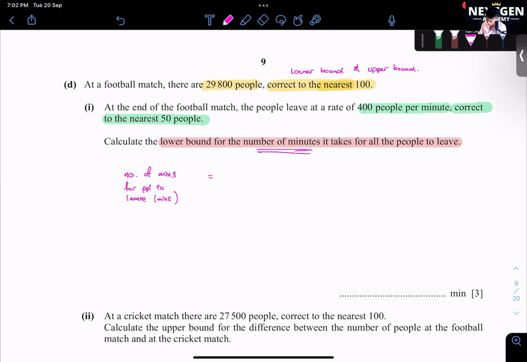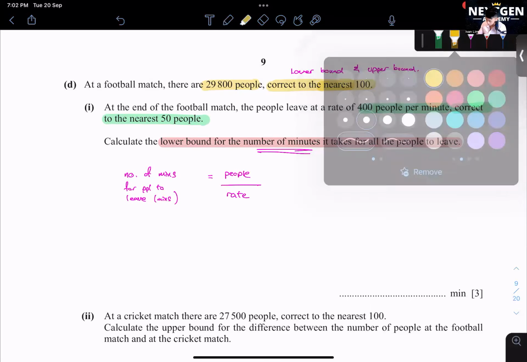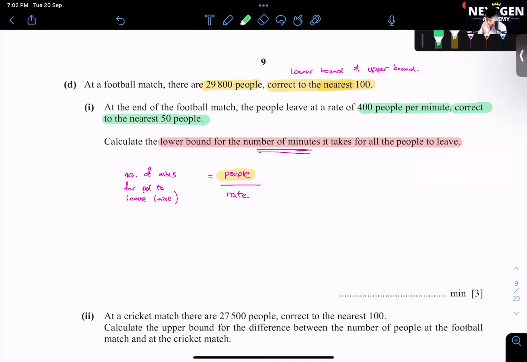Then this one will be what? People per minute. So this is people over your rate. You need to know this part here first: people over your rate.